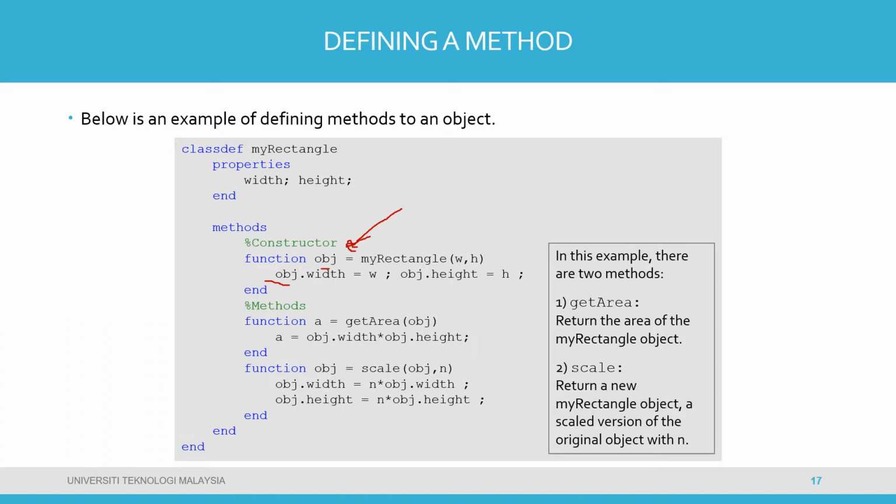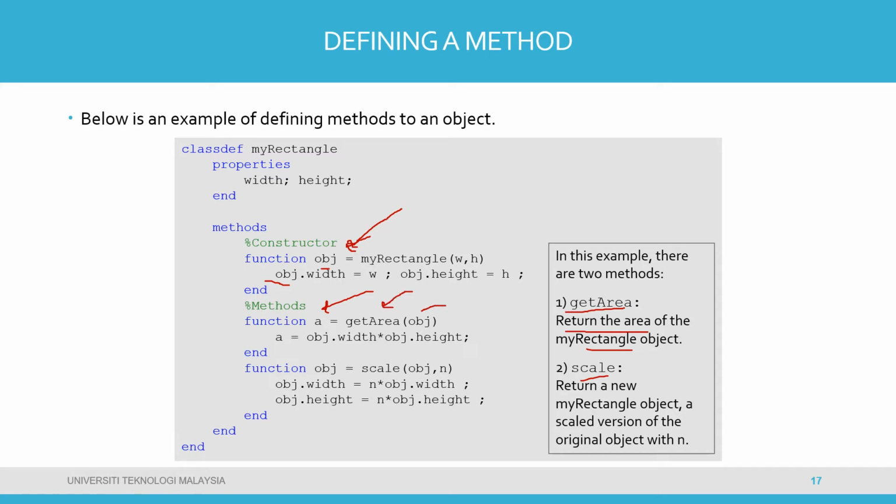Of course, there are other methods in the example here. There are two methods: getArea and scale. getArea basically returns the area of the object of myRectangle. So area A equals getArea. This is the name of the function.